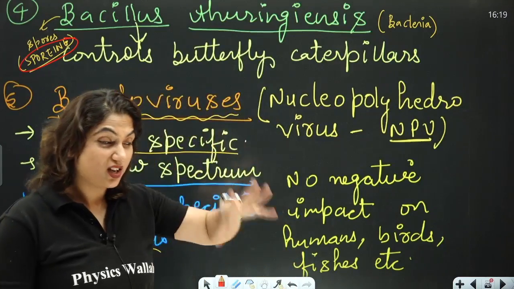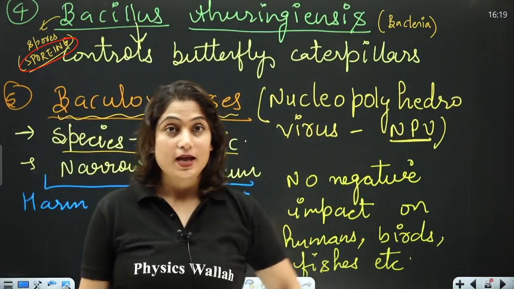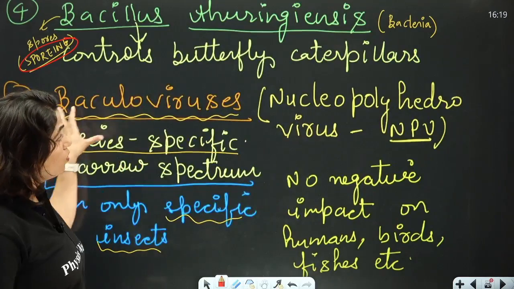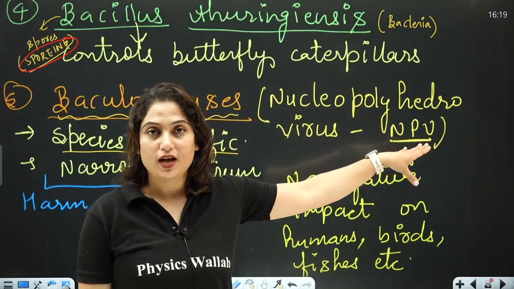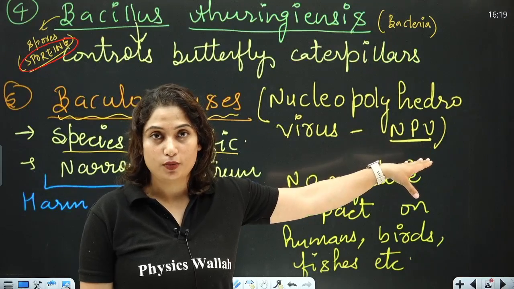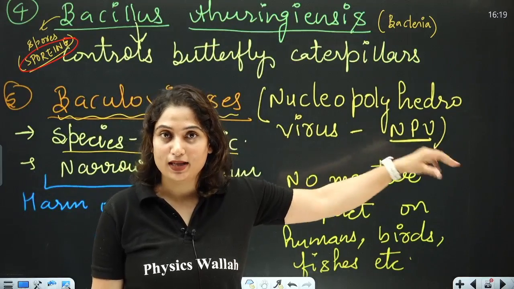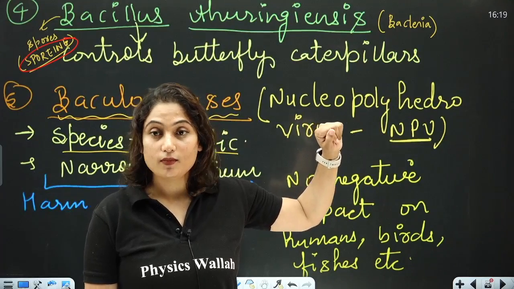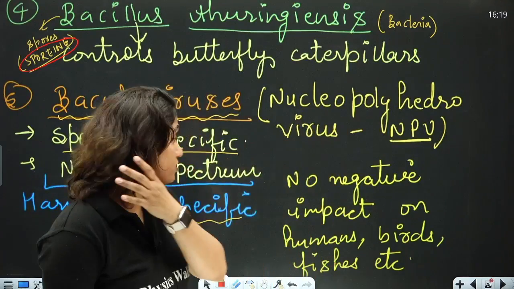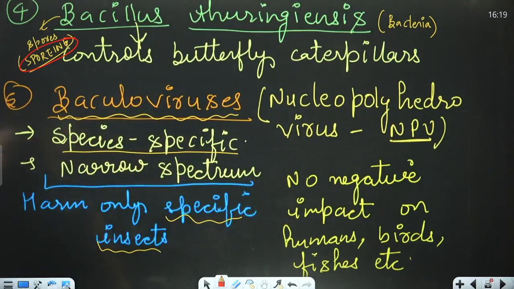And when you sprinkle these spores on the crop, they will control the butterfly caterpillars. These butterfly caterpillars harm the crop plant and they can be controlled by the use of Bacillus thuringiensis bacteria. So Bacillus thuringiensis is also a biocontrol agent. So here bacteria is a biocontrol agent.